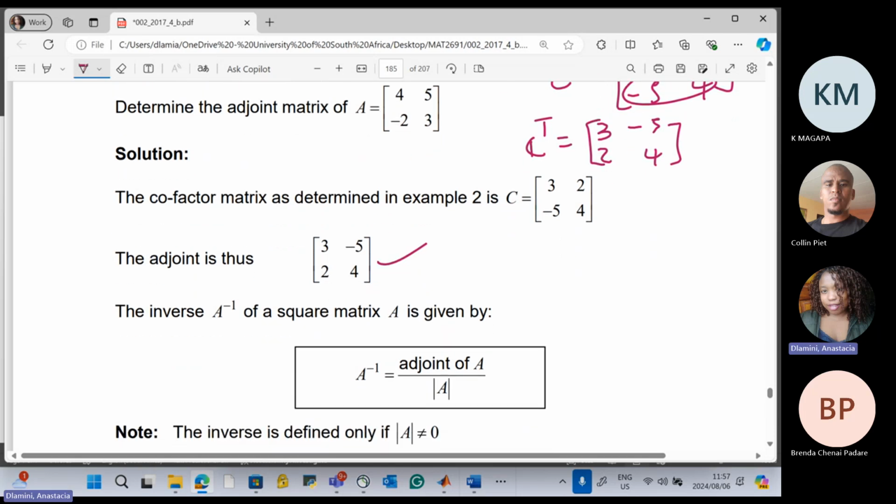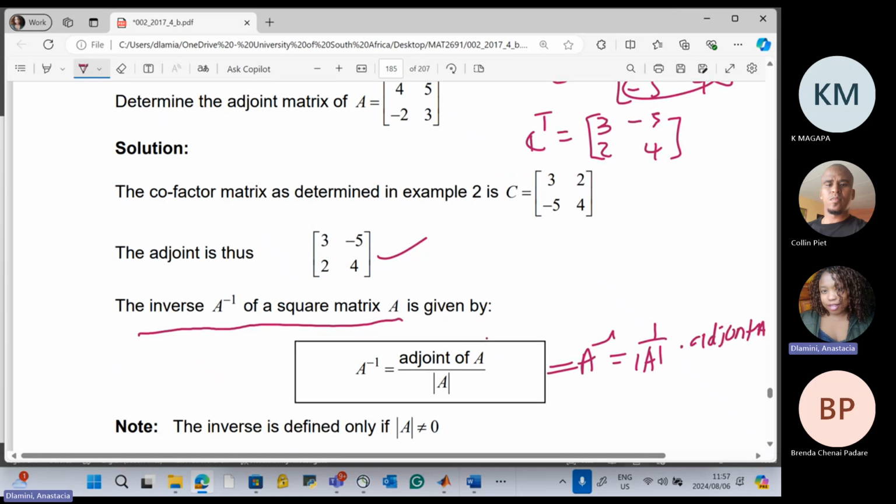And listen to this. The inverse of a square matrix is given by the adjoint divided by the determinant. So it means we know how to find the inverse now, right? Yes, ma'am. In other slides or textbooks, they write it as 1 over the determinant of A times the adjoint, which is just the same thing.